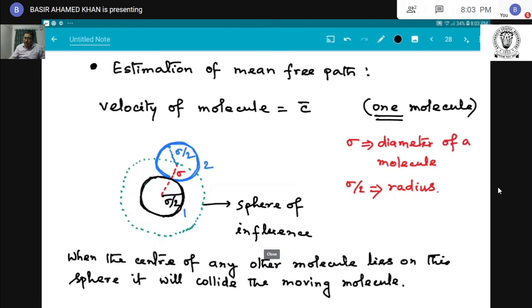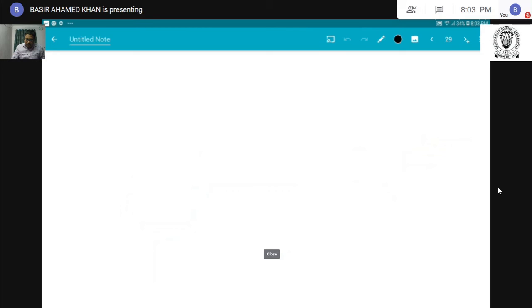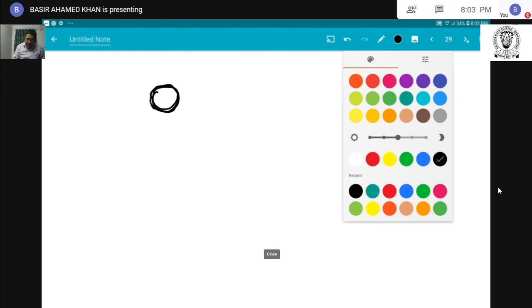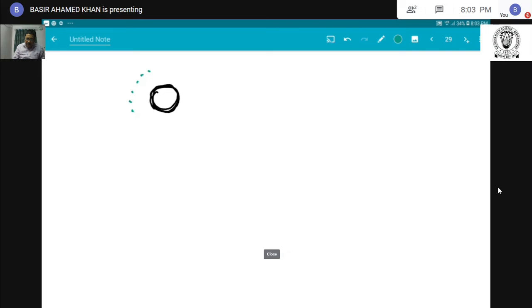Here is the interesting part. This is the black molecule, and here is the sphere of influence. It is moving in this direction.